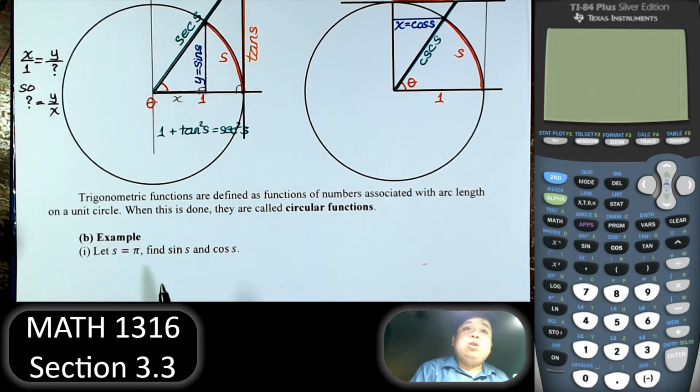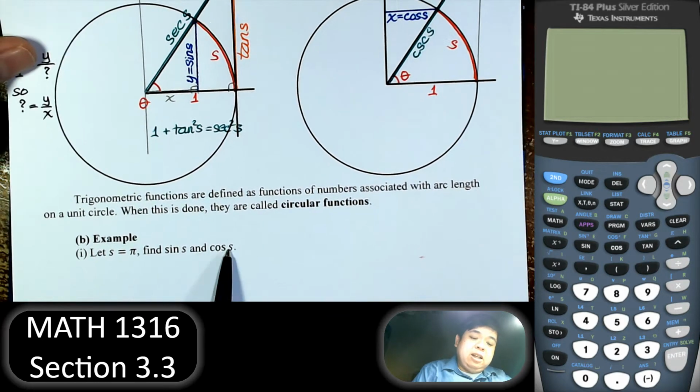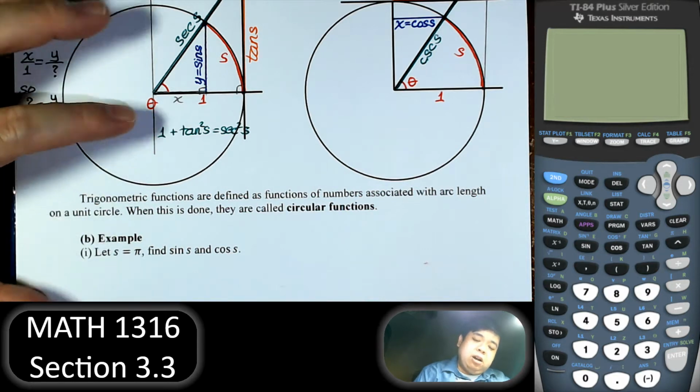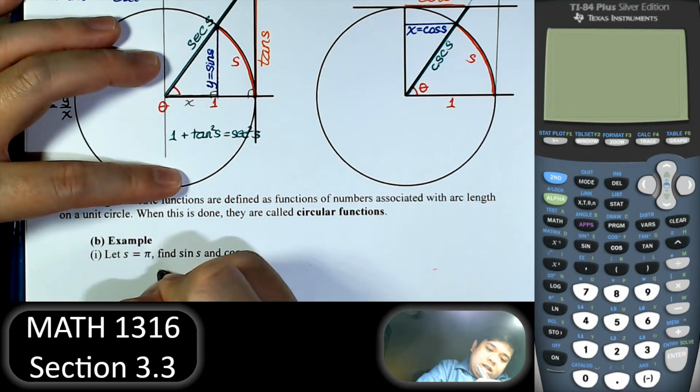Right, now let's do some examples. Let s equal pi, find sine of s and cosine of s. So pretty much we find sine of pi and cosine of pi. So what is sine of pi?